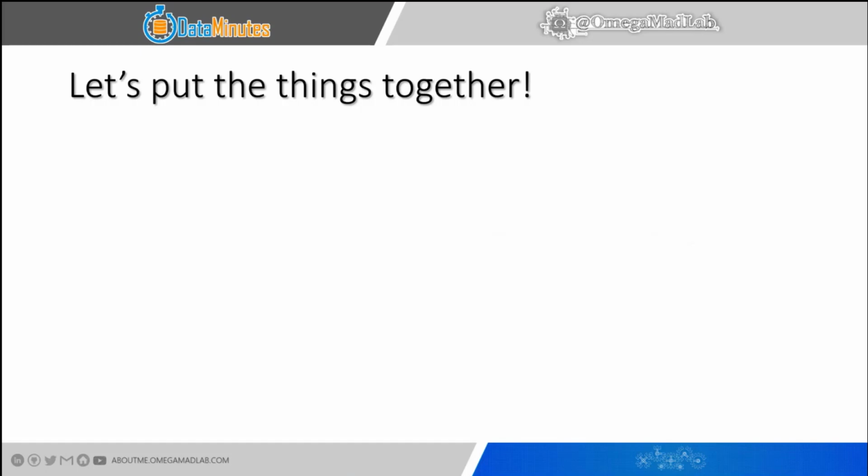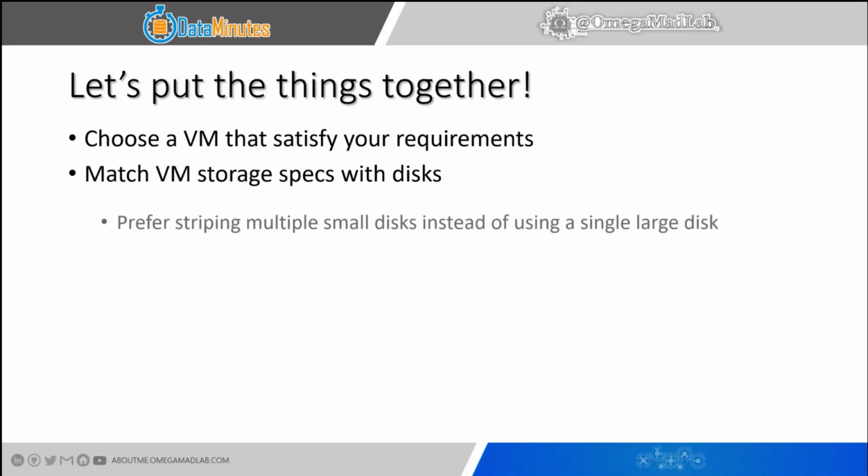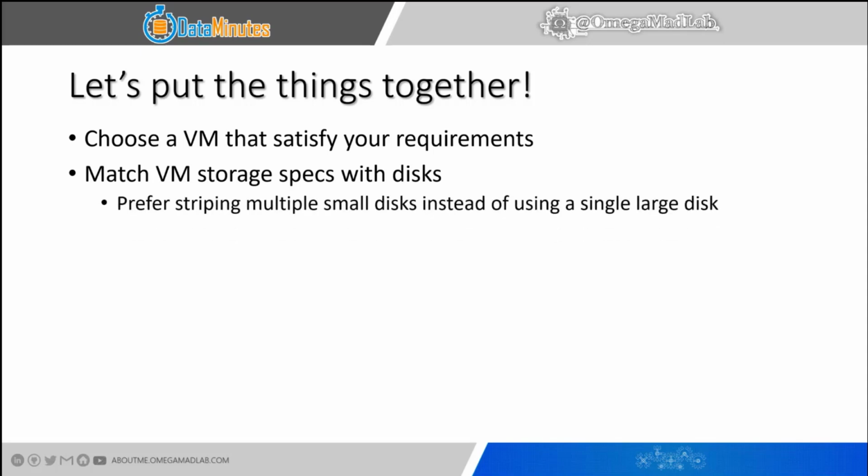Now, let's try to wrap up and put all things together. You have to choose a virtual machine that can satisfy your requirements, and then you have to match its storage capabilities to a corresponding disk subsystem. Here, if you have to deal with large volumes, it's preferable to stripe multiple small disks instead of using a single large disk.